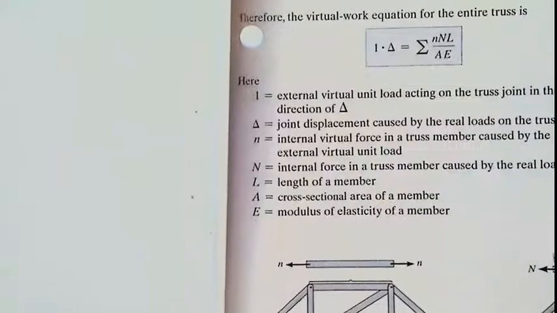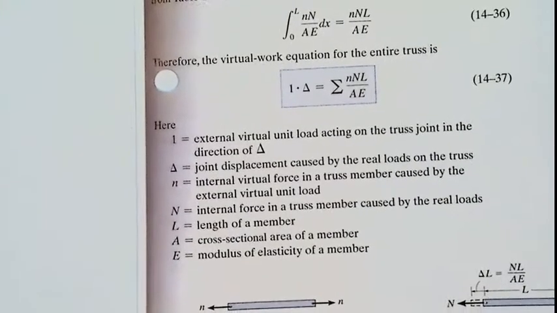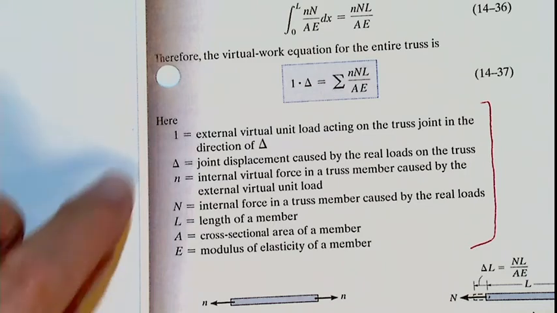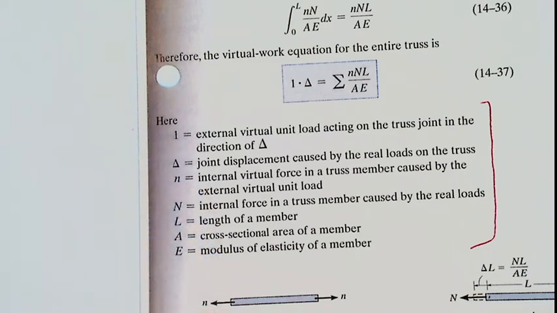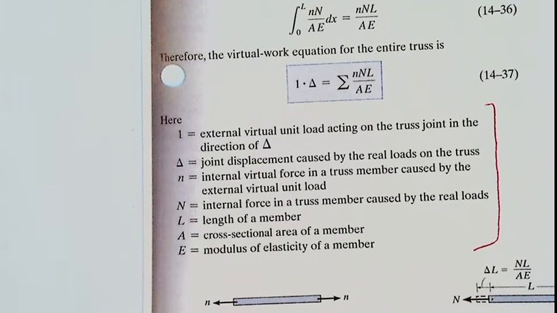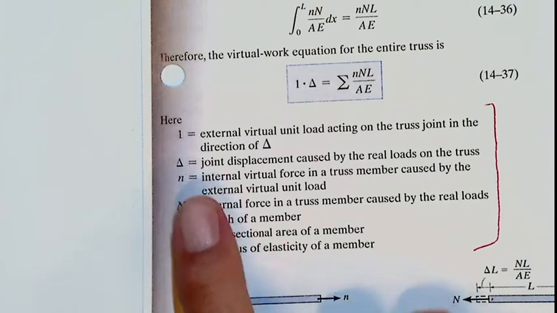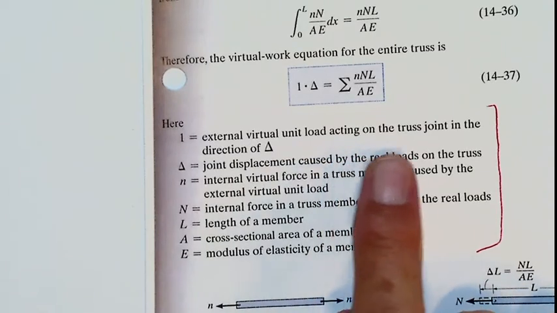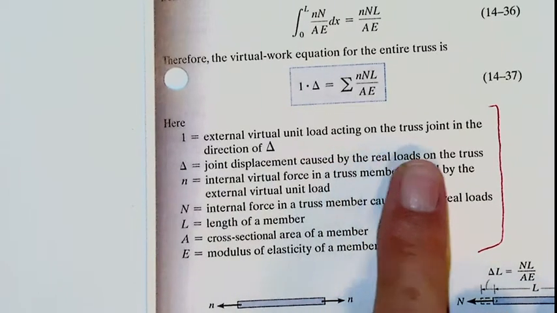Now, what are the things here? You may say, come on, we already defined this in the previous section. If you don't understand something, go there and read. No, he repeats these symbols here. 1 is the external virtual unit load acting on the truss joint in the direction of delta.